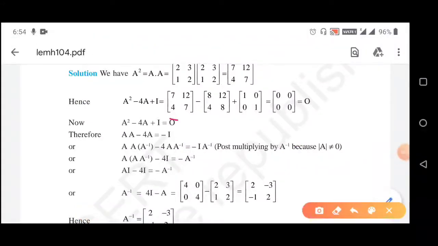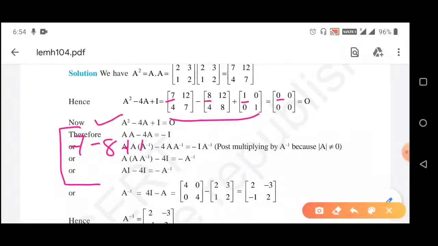Now if we calculate this part, then we will get 7 minus 8 plus 1, taking this 7, 8 and 1. So from here we will get 0. Then 12 minus 12 plus 0, from here also we will get 0.